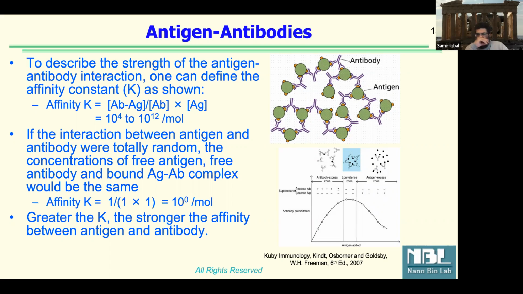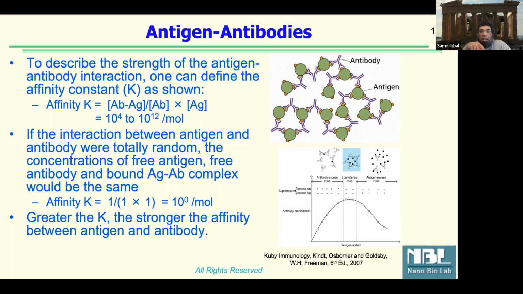I don't want to go into details, but for any two molecules, there is a strength of how strongly they would bind, and there are specific numbers that we use to explain the binding affinity. If they are just randomly binding, there would be binding and unbinding, so the numbers would be the same for them.